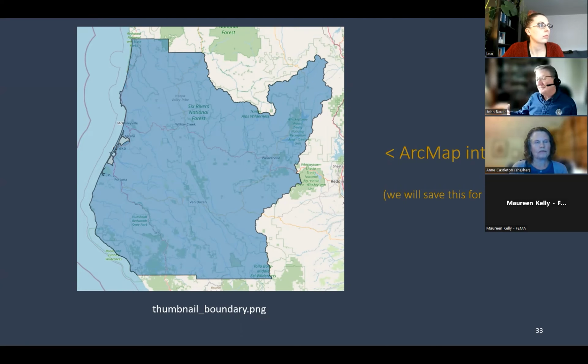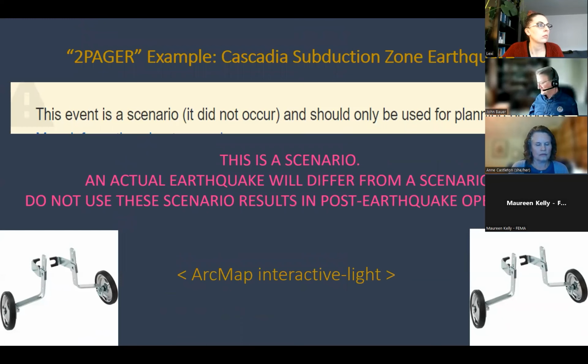However, we are going to dig deep into a Cascadia subduction zone simulation. This is a scenario. This did not occur. Let me step back and say CSZ events have occurred, of course, for quite some time, and the indigenous population experience certainly has had that. I'm talking about post-settlement experience, and it has not occurred. So again, a scenario.